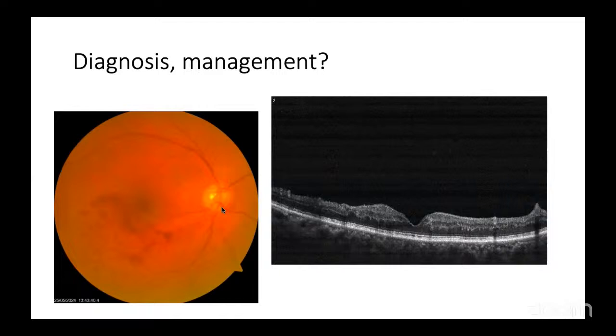What is your management for this patient? My management, first I'll take a good history about this patient: diabetes, the diabetic state, hypertension, hyperlipidemia state. After that I'll go for investigations: lipid profile, blood pressure. Suppose this patient has come to your clinic, what will you do first?